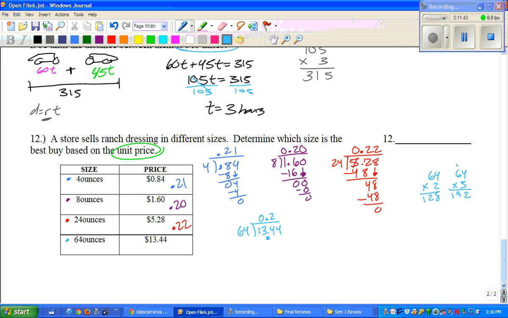So it's 2. 128. Subtract. And 64 goes into 64 1 time. So now that we've looked at all of those, we know that the cheapest one is, ding, ding, ding, the 8 ounces at 20 cents.